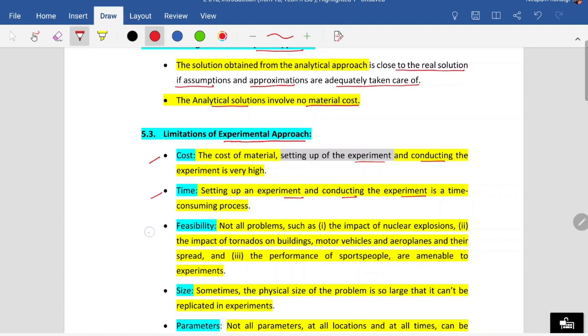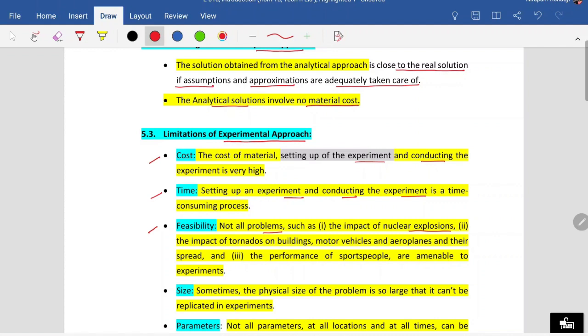Okay. Now feasibility. Is it possible to put everything in experimental form? No. Not all problems, such as impact of nuclear explosion. Now if suppose you want to study nuclear explosion, you can't do experiment on that. You can study a nuclear explosion if you have to do the nuclear explosion, but to study the nuclear explosion, you cannot make a nuclear explosion.